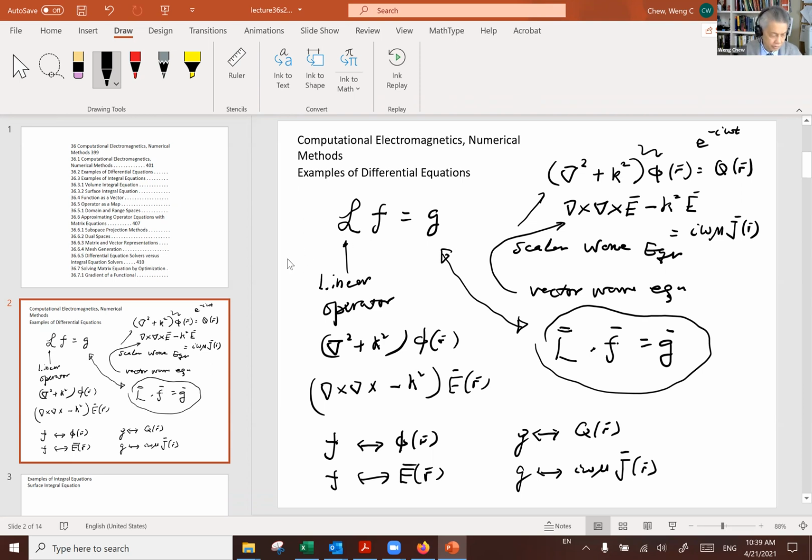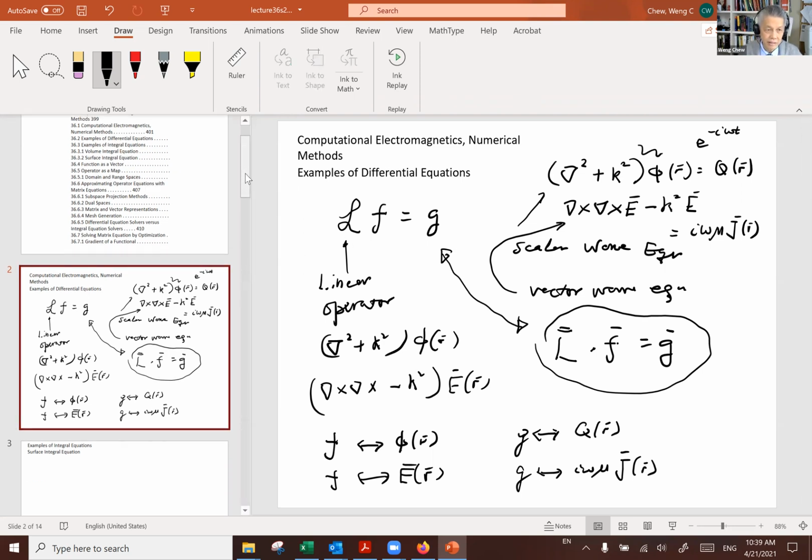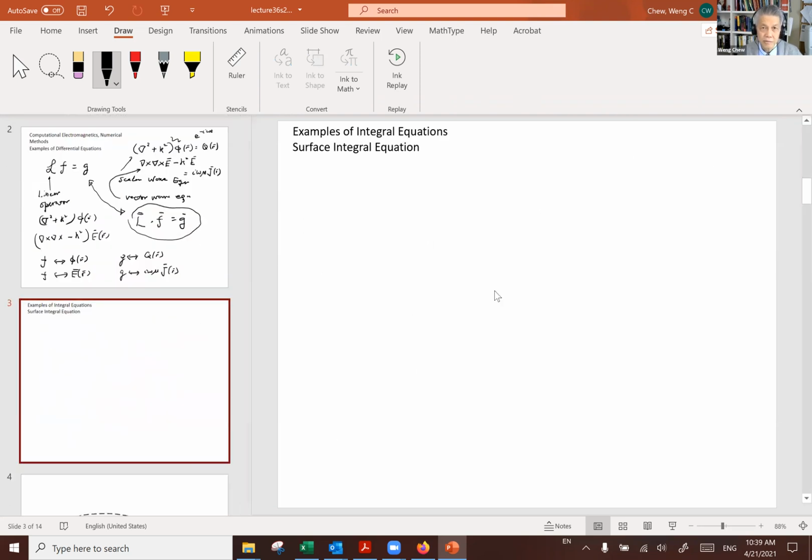So before we move on, I'd like to point out the fact that we have integral equations as well. Integral equations are equations where the unknowns are buried inside an integral.